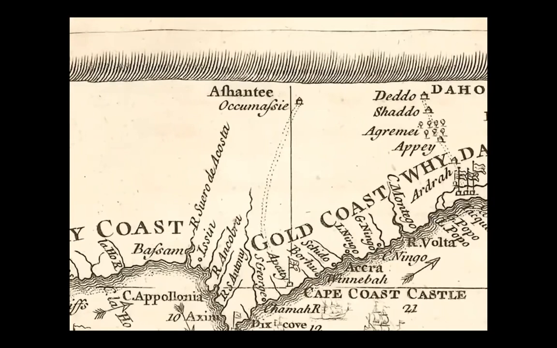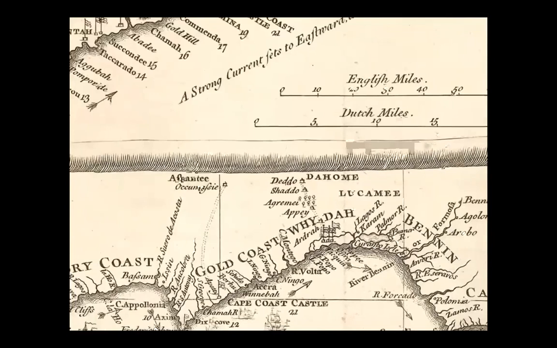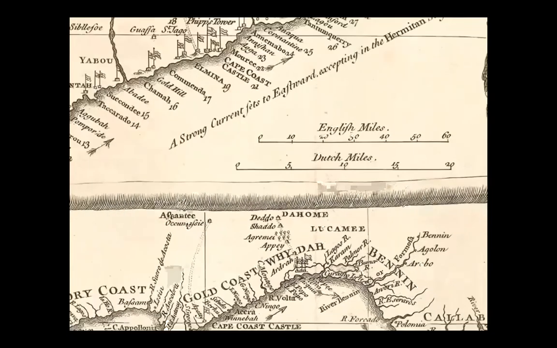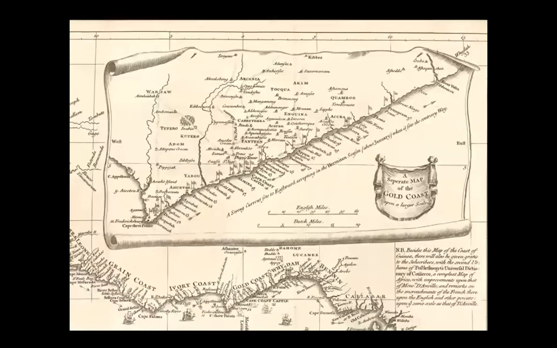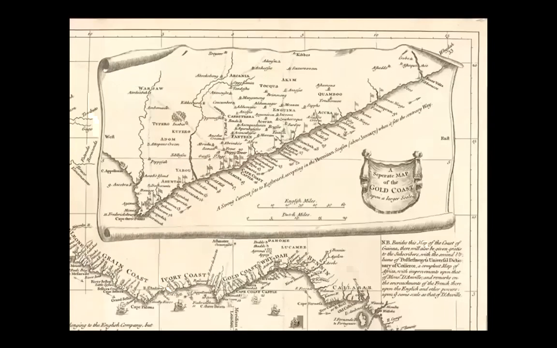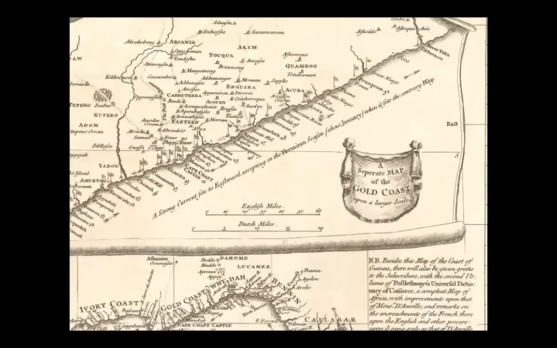There's so much going on in this coast, in fact, in the Gold Coast and Ouida, that even the maker in 1753 thought it was necessary to create an insert, which was kind of an innovation at the time, as he says, a separate map of the Gold Coast upon a larger scale.